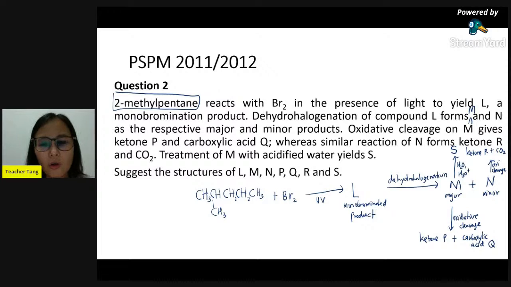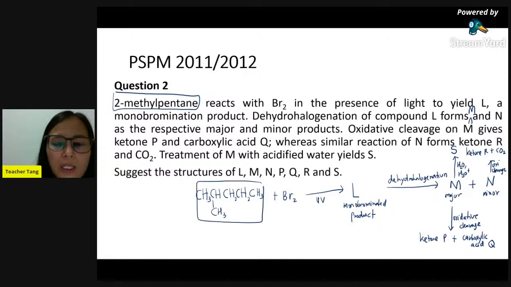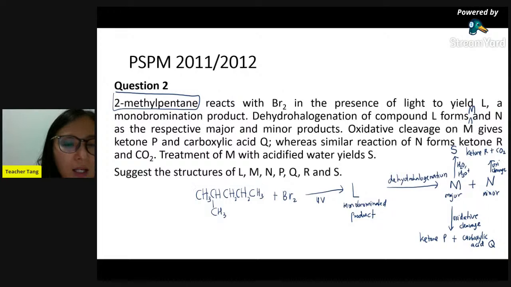So first, we need to start with this structure, so we can deduce what our L is. Shall we look at this first? 2-methyl pentane. To do this type of question, we don't look at it as 2-methyl pentane. We need to generalize it.